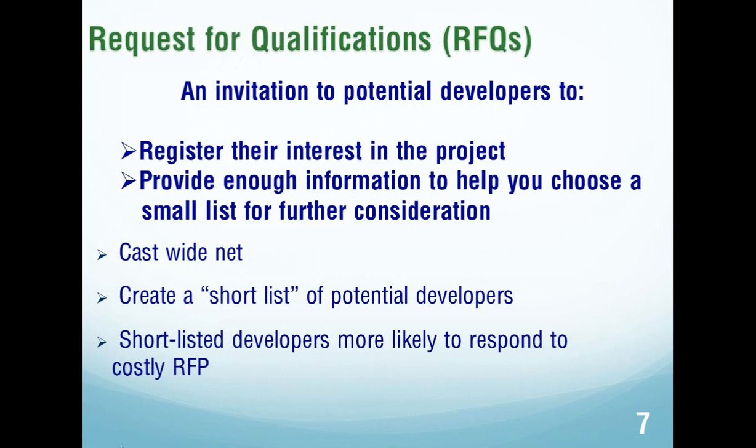So if you get 10 or 15 responses, you can cast that wide net and say, hey, this is what we're thinking. We'd like to build an arena, or we'd like to build a mixed-use project. Tell us if you are qualified. And once those responses come in, you can ask who's the most qualified out of this group?